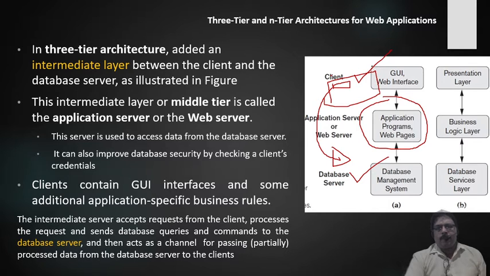Here it's an external layer, this is a conceptual layer and this is a physical layer, but it is defined in a tier model, a three-tier, two-tier, correct? So the outer tier is the client model, the inner tier is the database server and the intermediate tier is the application server.